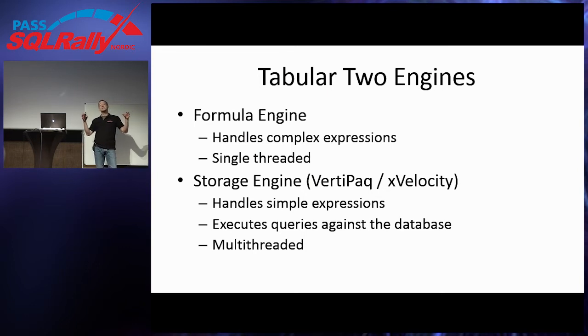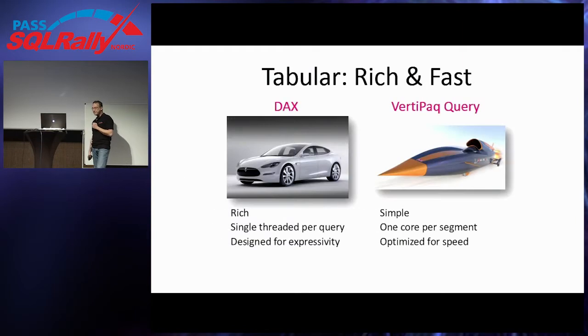These two engines, you can think of as two friends working together in order to solve all of your queries. I stole this slide from a session that somebody from Microsoft was delivering, I guess, at TechEd a couple of years ago, that describes the difference between storage engine and formula engine.